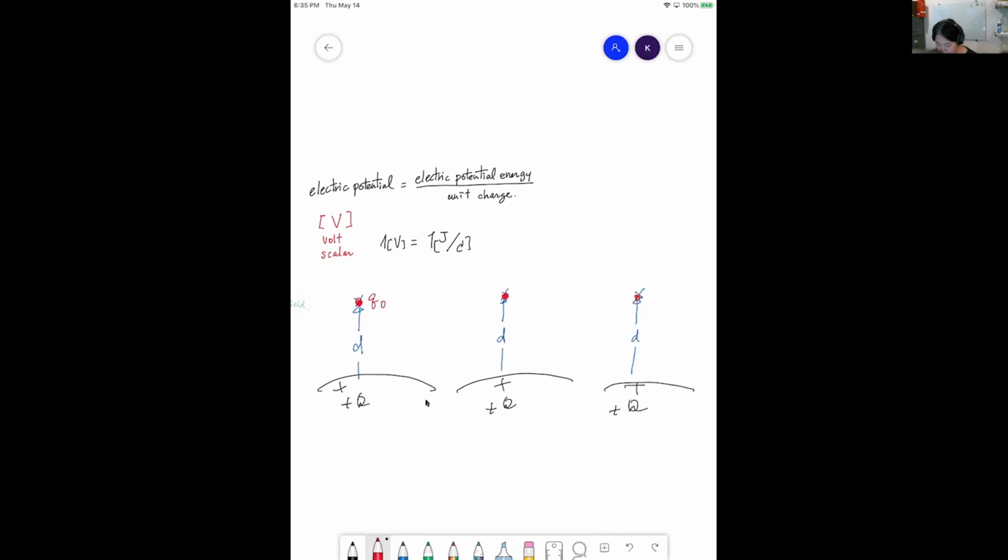In this case, I'm going to bring the 2Q naught here. And in the third case, I'm going to bring 3Q naught here. Okay? So the environment is identical for case 1, Q naught, 2Q naught, and 3Q naught. It just depends on what kind of a charge you're bringing at that same location.